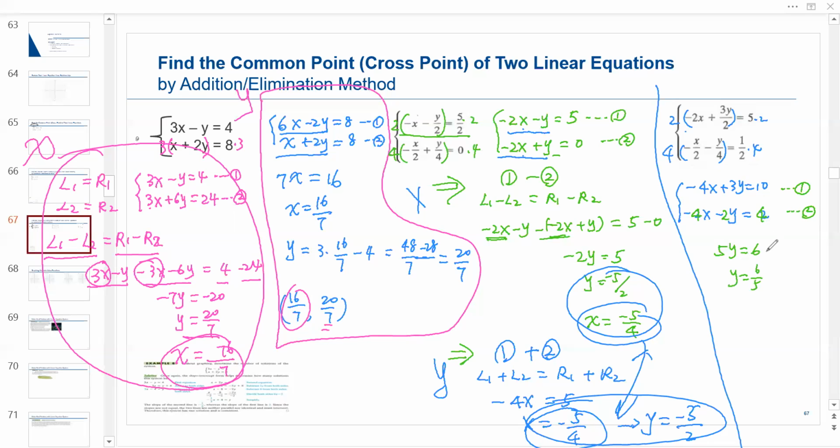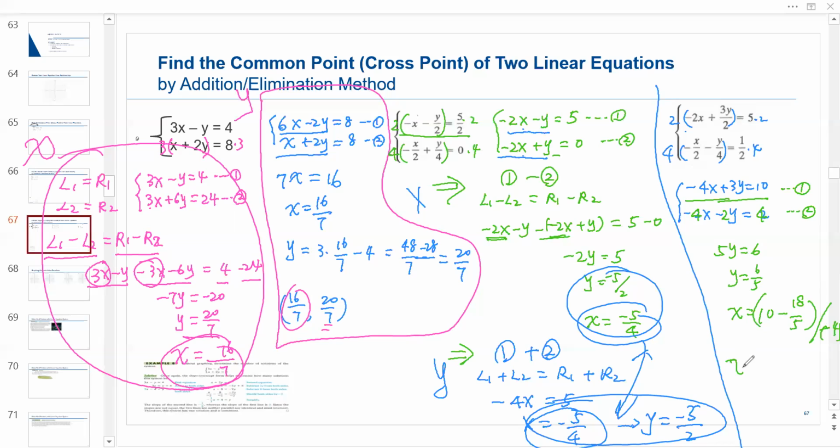Easy? So what is x? You need to put it back to get x. You can see from this part: since y is ready, it's 10 minus 3 times this, and also divide by negative 4.